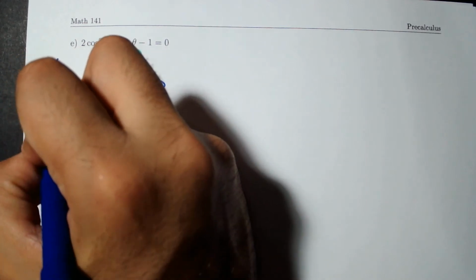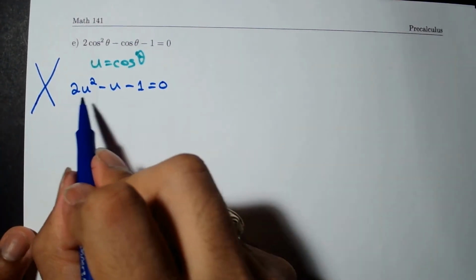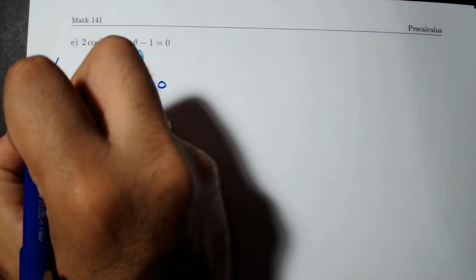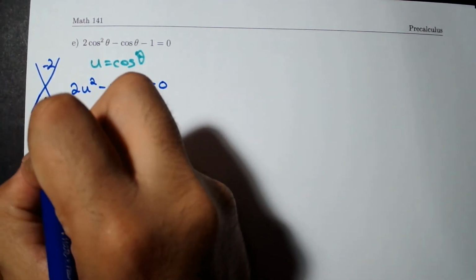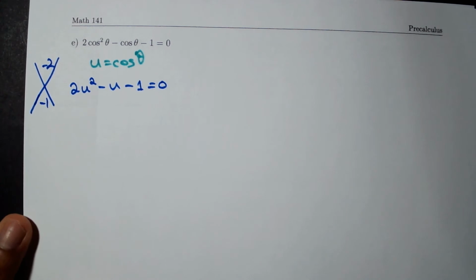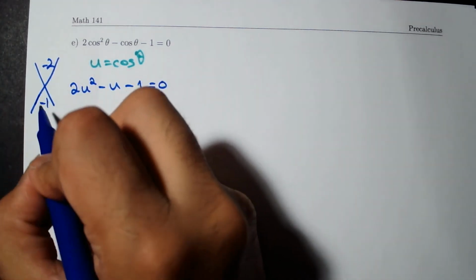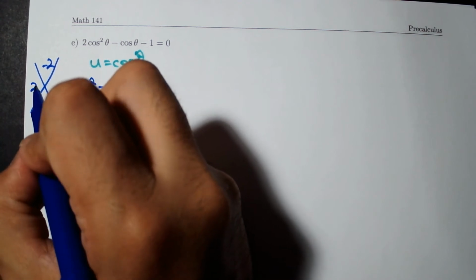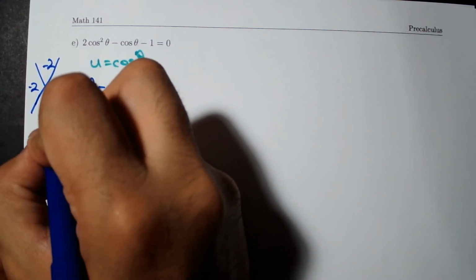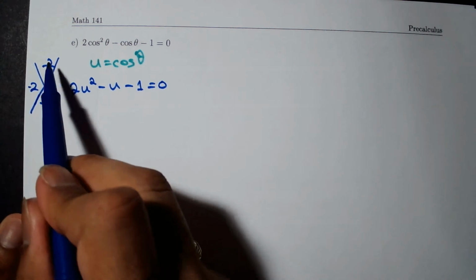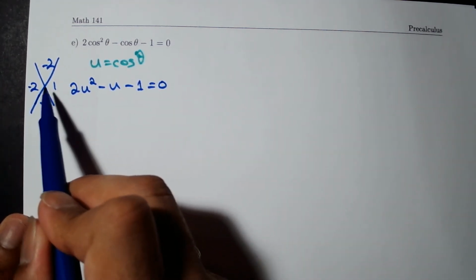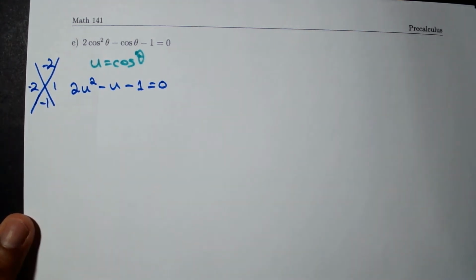Using the diamond method, because the leading coefficient is different than 1, we multiply 2 times negative 1, which is negative 2, and bring down the middle coefficient. The factors of negative 2 that add up to negative 1 are negative 2 and positive 1, because negative 2 times 1 equals negative 2, and negative 2 plus 1 equals negative 1.